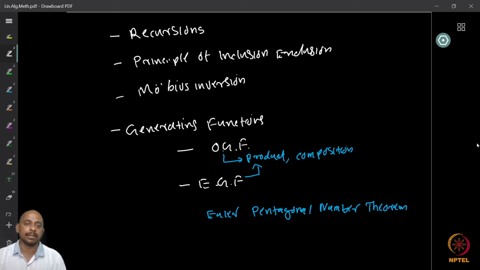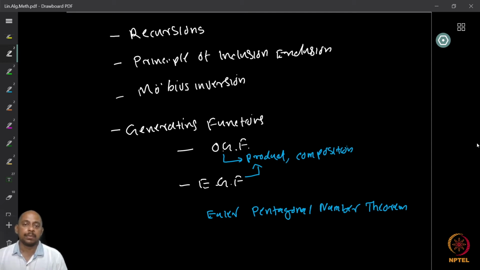And then we saw that there is a technique called Mobius inversion which we can use. Associated to the poset, we can define the Mobius function, and then using that we can do this kind of thing. And the principle of inclusion and exclusion is just a special case of that.